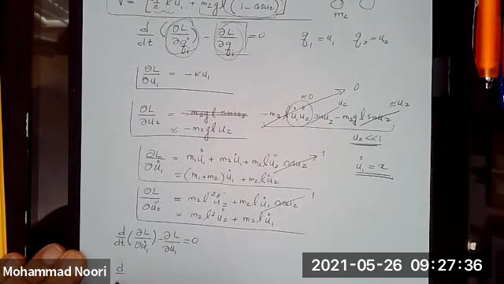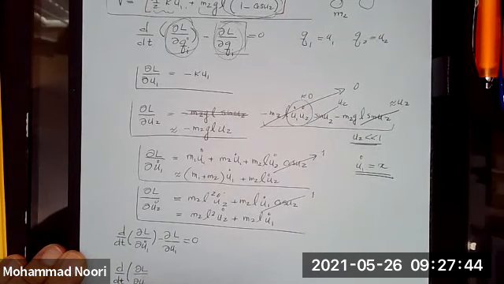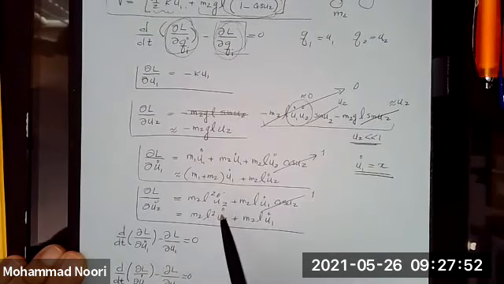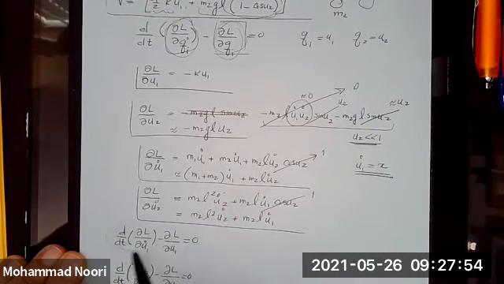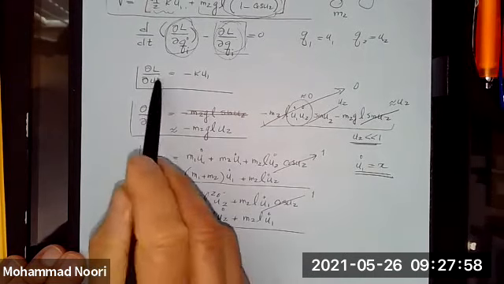Then the time derivative of the partial derivative with respect to U2 dot, minus the partial derivative with respect to U2, is equal to 0. So all you need to do is take the time derivative of this, subtract this one from it.